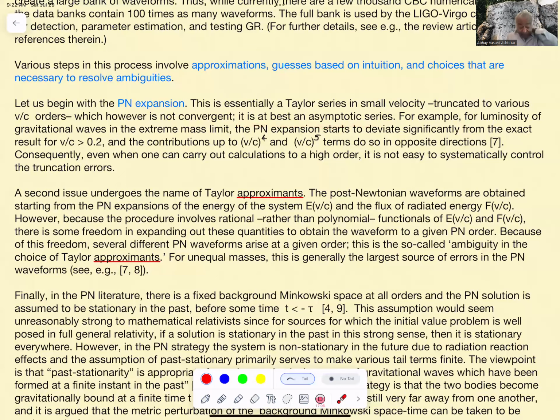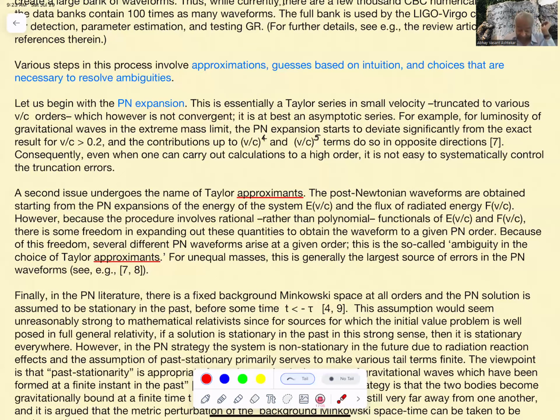So the problem is difficult because, for example, for the luminosity of gravitational waves in the extreme mass ratio limit, when one black hole has very large mass compared to the other, like 1,000 to 1 or 10,000 to 1 or 100,000 to 1, the contributions up to (v/c)^4 and (v/c)^5 go in opposite directions.